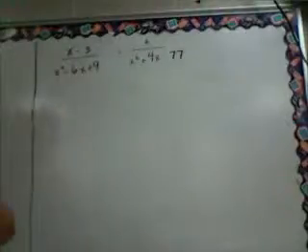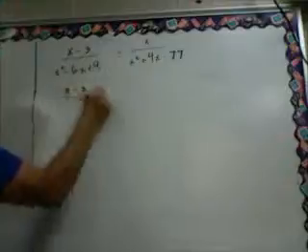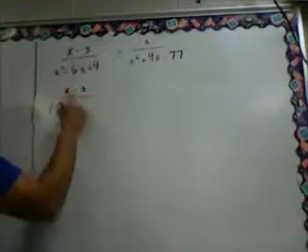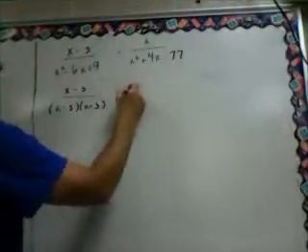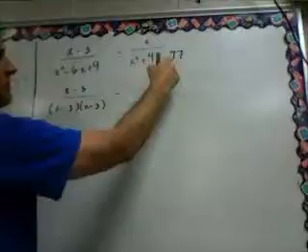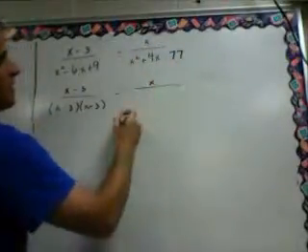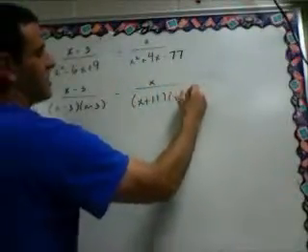I'll do one quick subtraction problem. Again, we're going to factor here. x minus 3. The factors of 9 to add to 6 are x minus 3 and x minus 3. And the factors of -77 to add to 4 are going to be x plus 11 and x minus 7.